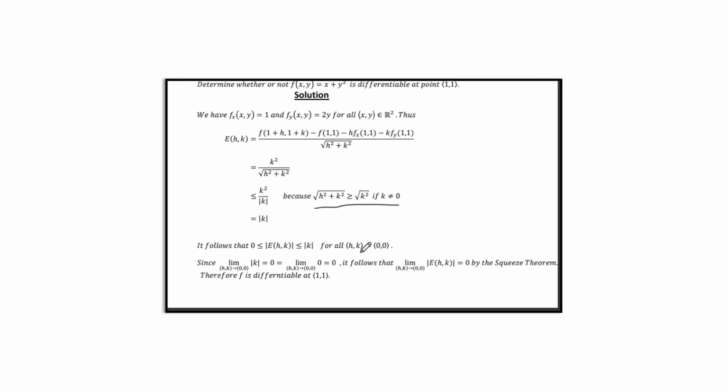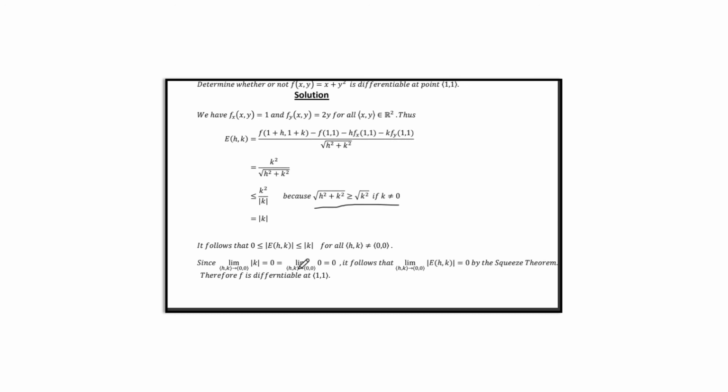So now what follows, we use the squeeze theorem, right? Remember, we want to take the limit of the absolute value of E of h, k. So we take the limit at the left side and the limit at the right side. If we take the limit at the right side, the limit of the absolute value of k as (h, k) approaches 0, you just get 0.